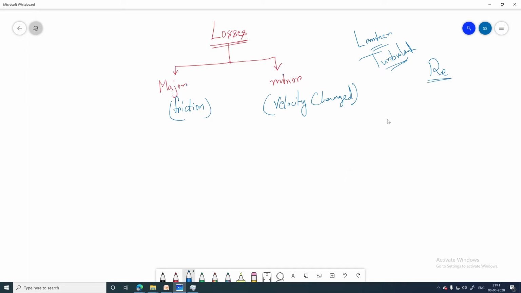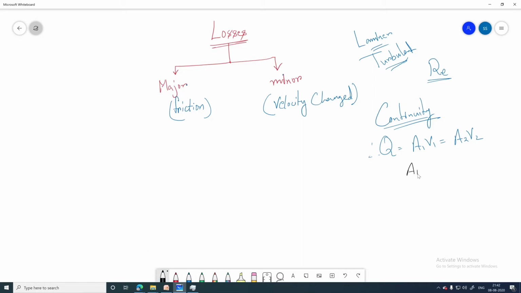Look, we already know the continuity equation. What is the continuity equation? Q equals to A1 V1 equals to A2 V2. So in which condition can the velocity be changed by using this equation? It can only be changed when A1 is not equal to A2.